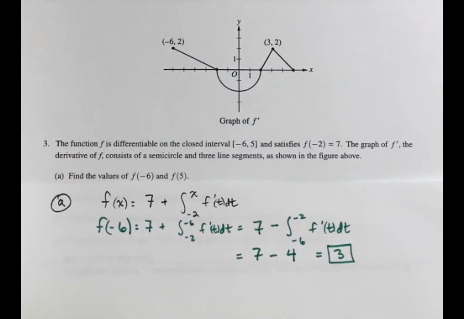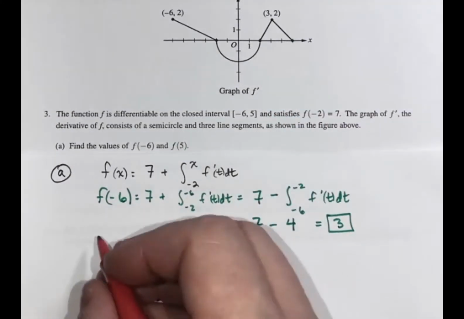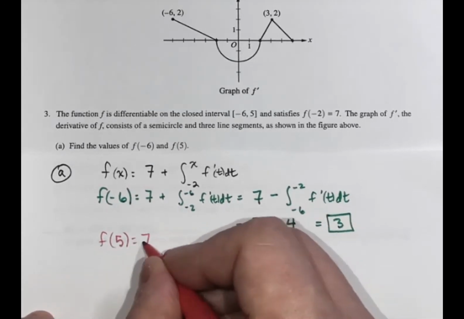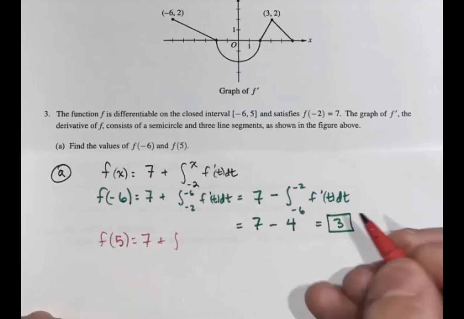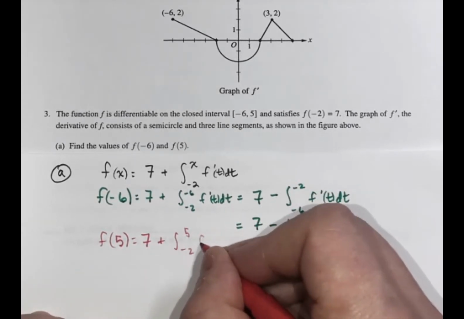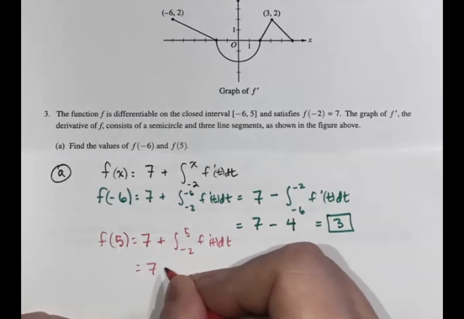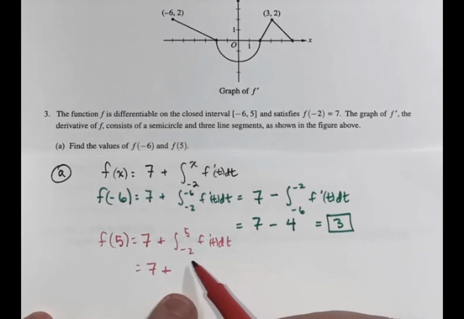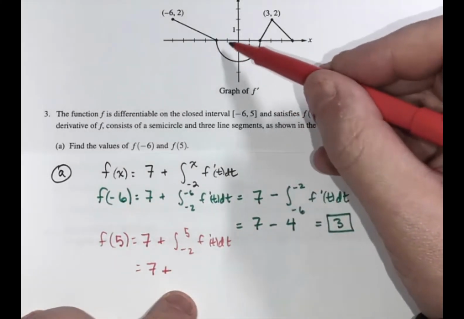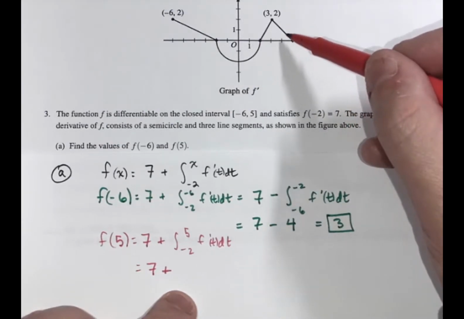So in a different color, let's do f of 5. f of 5 would mean we would need to take 7 plus an integral from -2 to 5 of f prime of t dt. So of course that would be 7 plus, now for the -2 to 5 part, we would have to add on the semicircle, and then we would also have to add on the triangle.